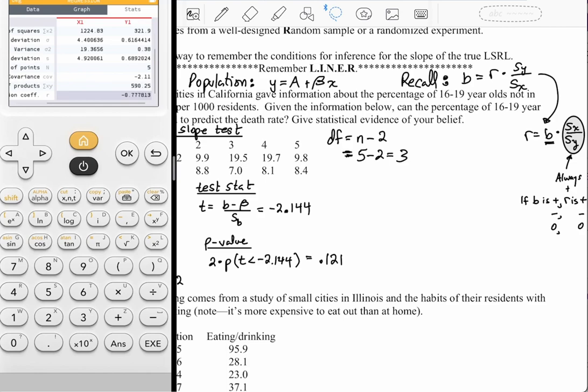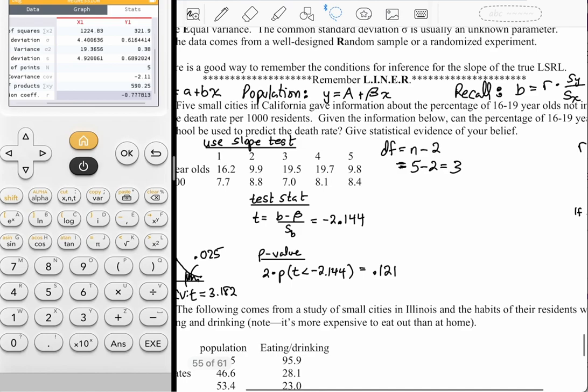I would say that's a moderate, borderline strong linear relationship. So it's not enough to say that we could settle on it being a strong negative linear correlation, but it's borderline. And so the 0.121, that's also kind of borderline. If I chose an alpha value of 0.10, it's in the neighborhood.